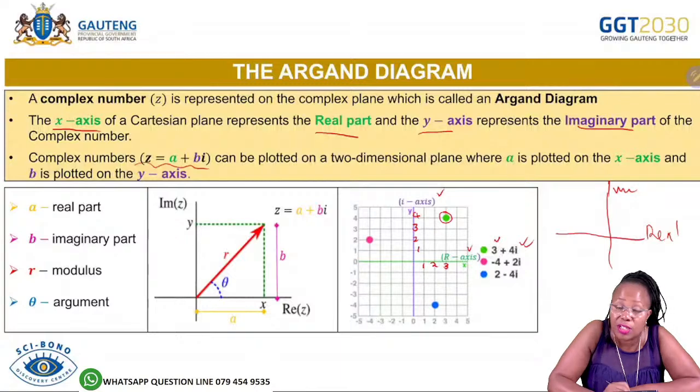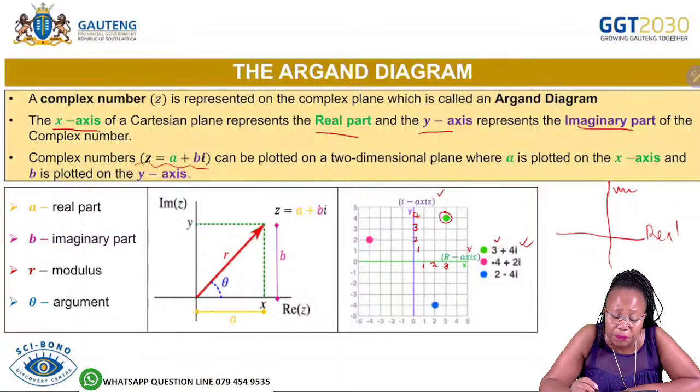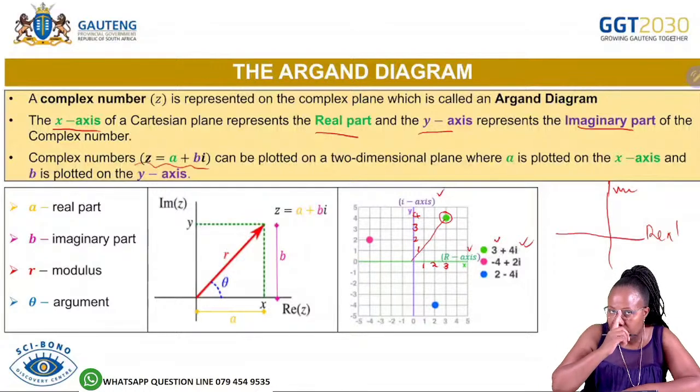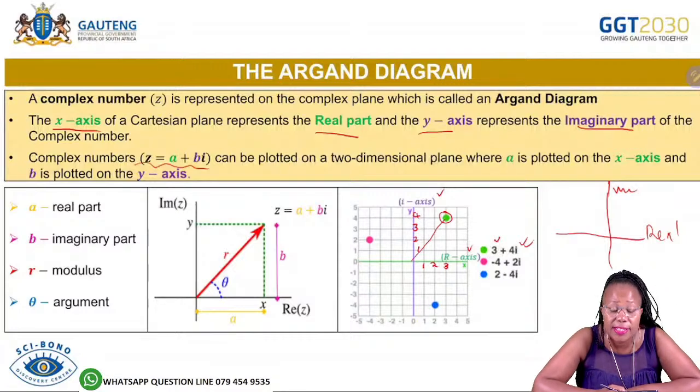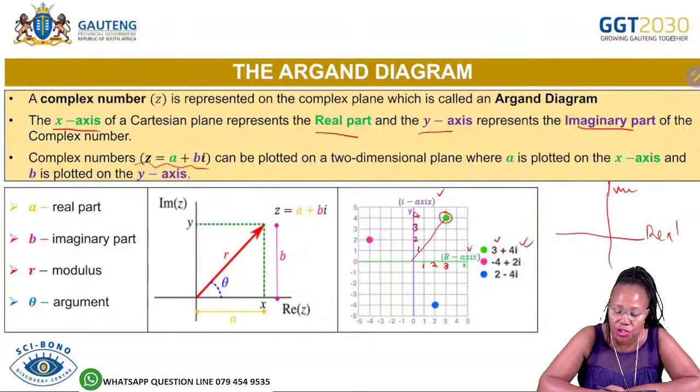Hence we have that green dot there that is representing. So if it's an Argand diagram, we'll draw a line to that dot from the origin 0, 0. All the Argand diagrams start from 0, 0 to a point of reference in terms of the complex equation.